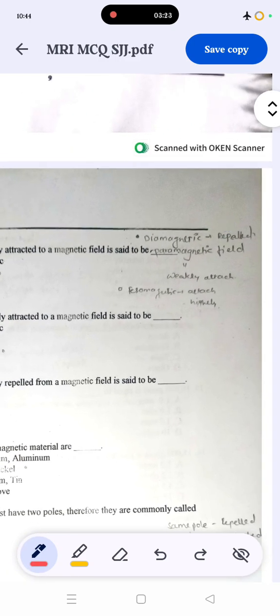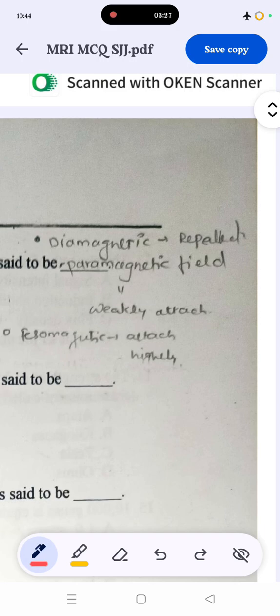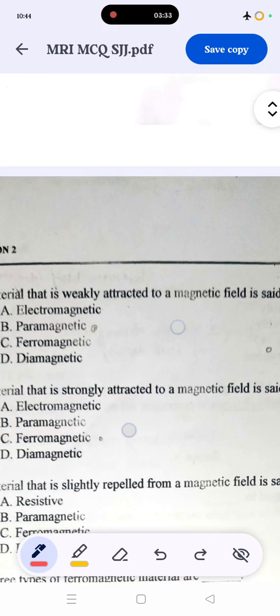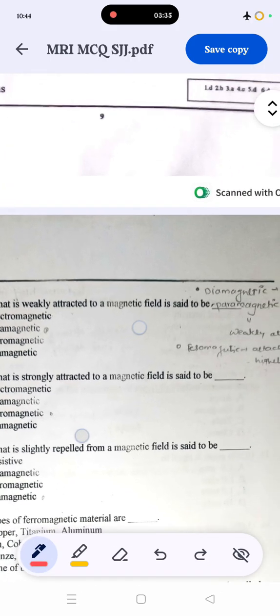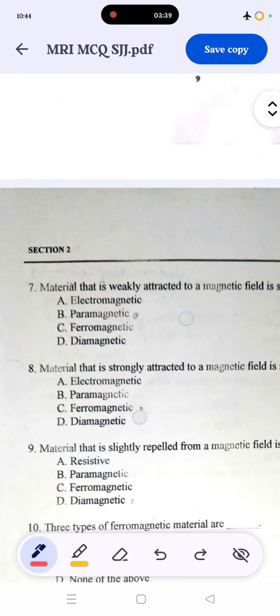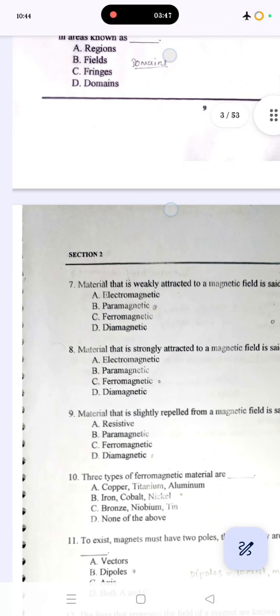Then question number 7: a material that is weakly attracted to a magnetic field. Diamagnetic materials repel, paramagnetic materials are weakly attracted, and ferromagnetic materials are highly attracted. So the correct answer for weakly attracted is paramagnetic, option B. The highest in a magnetic field is ferromagnetic.